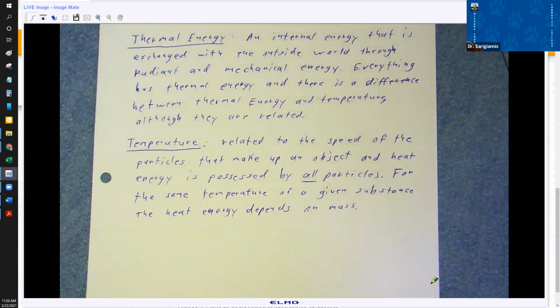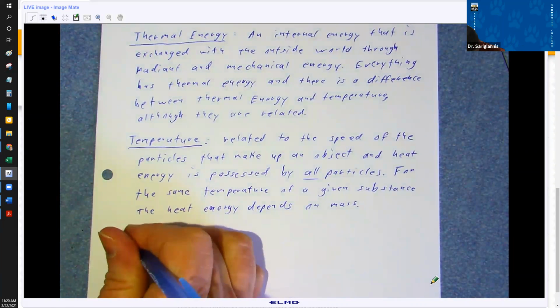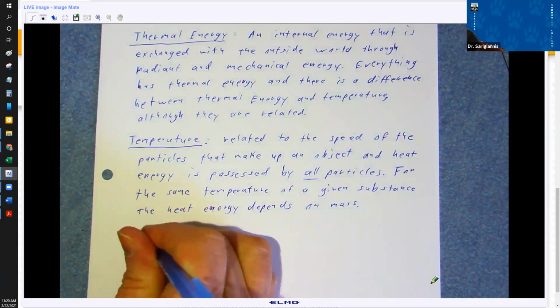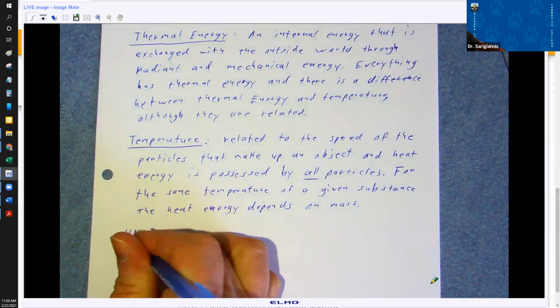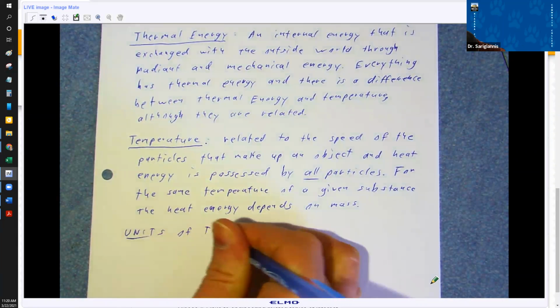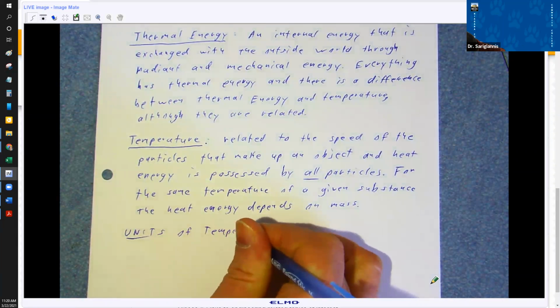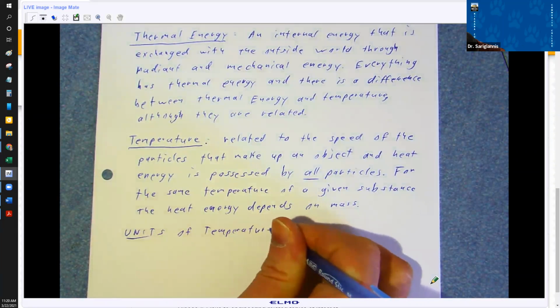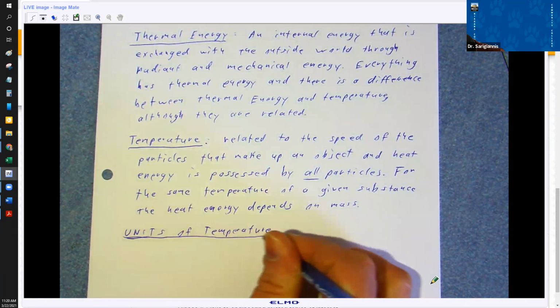But first I want to go through the temperature scale. And let's talk about the units of temperature. Units. Oops. Now I'll underline.